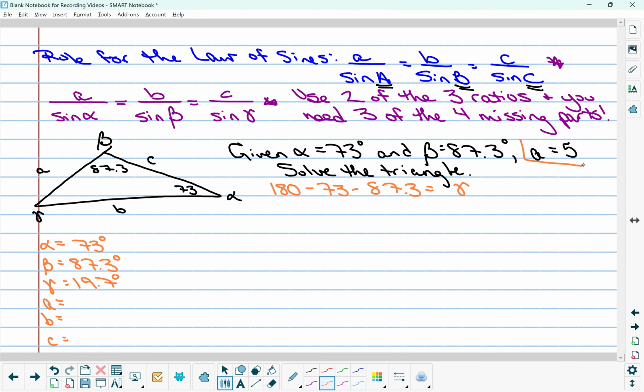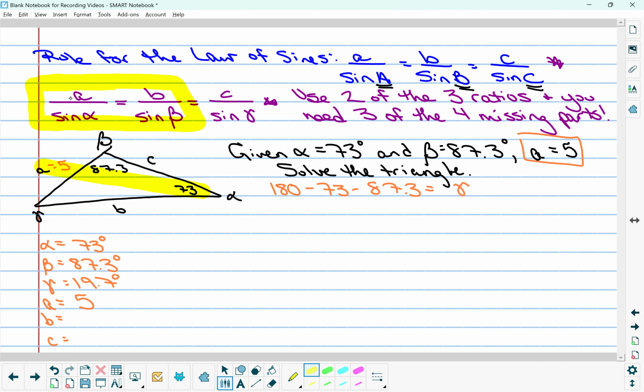We were told that A is 5, so we can plug that in here. And then our job is to find B and C. Now, on the previous screen, I said you've got to have an angle and its corresponding side. So we have alpha and A. We have angle beta, but we don't have B. So we're going to use these two pieces of this ratio.